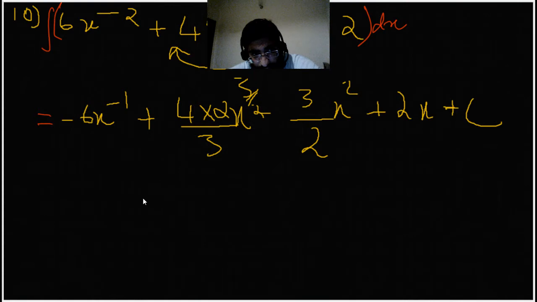So minus 6x just 1. There's a mistake in the last step. Just one term. This term recheck.